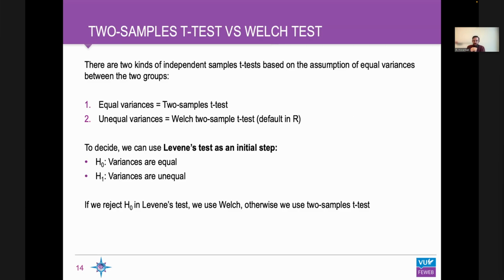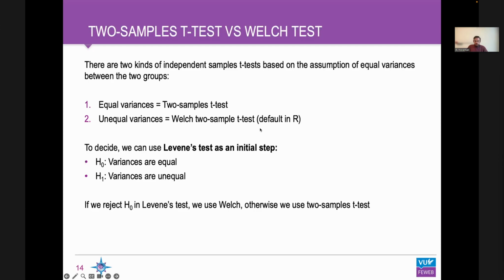If you can assume that the variances are equal, so we are testing the means, but we need to talk about the variances because there are different calculations of the test statistic if you have different variances between these two groups, or if you can assume equal variances. If you have equal variances, then you can use this two sample t-test. And if you have unequal variances, then you use a Welch two sample t-test.